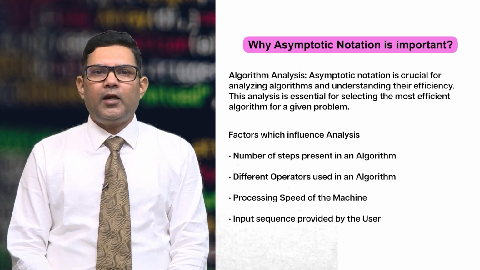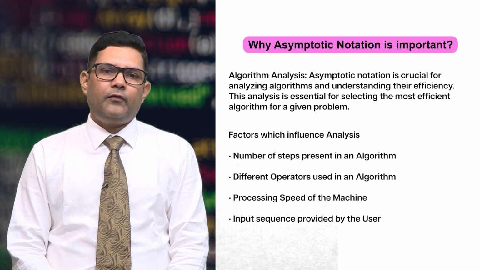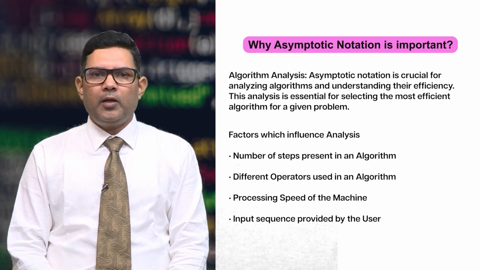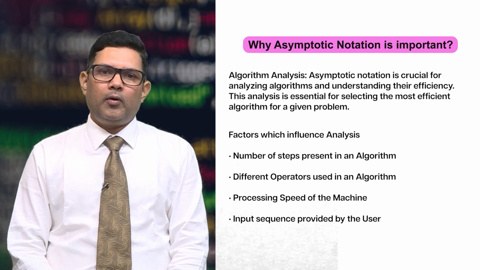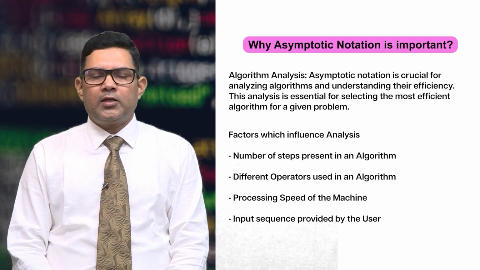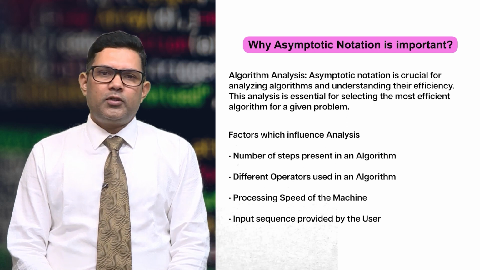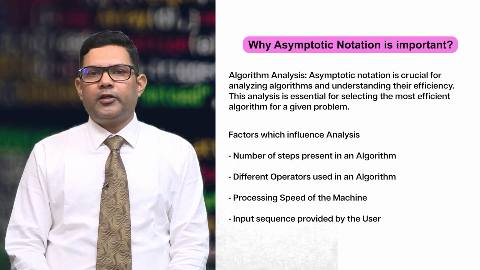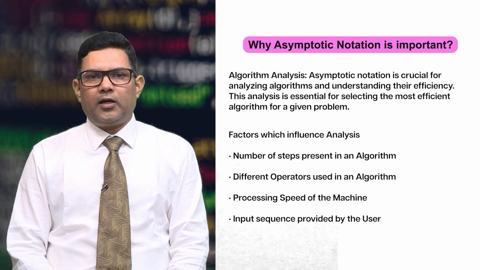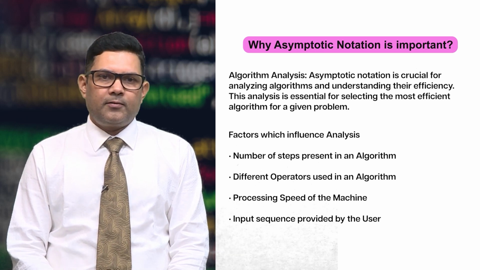Next one is different operators used in an algorithm. For example, if a user solved a particular problem using the addition operator and another user solved that problem using the multiplication operator, the time complexity will be minimum for the user who used addition and maximum for the user who used multiplication. So we have to be very careful during the selection of operators.